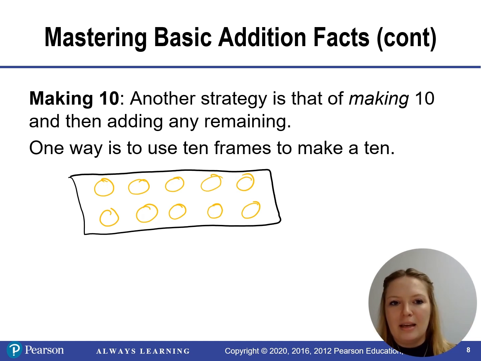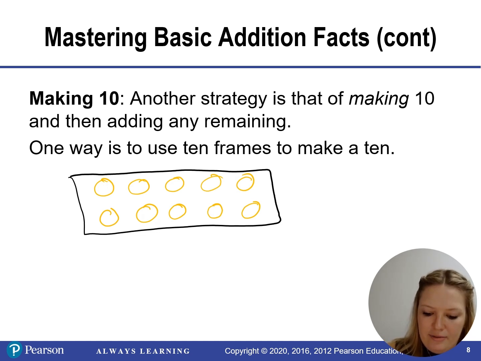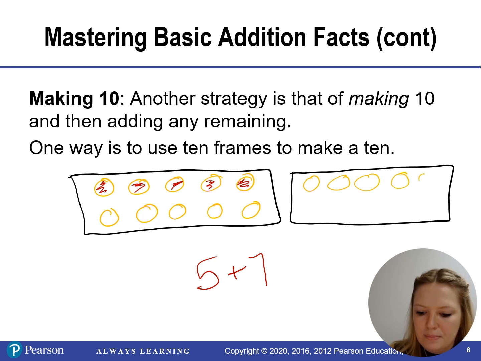If I want to do 5 plus 7, I might have 5 in my first 10 frame, and then in my second 10 frame I have 7 shaded.